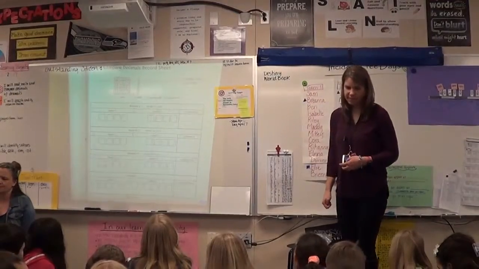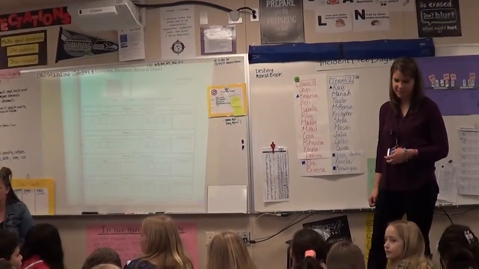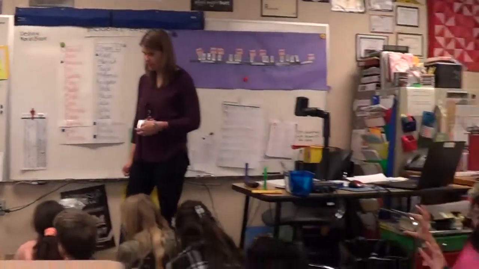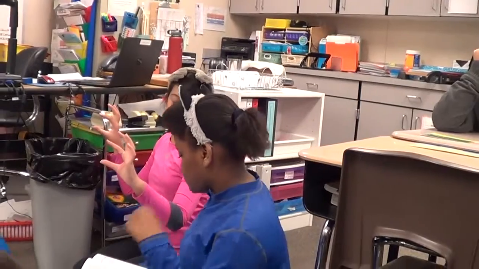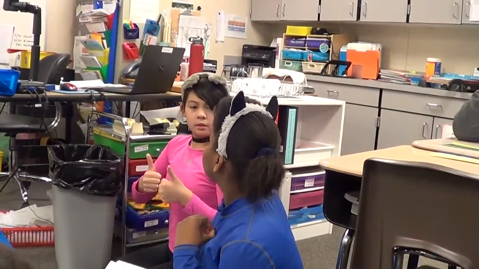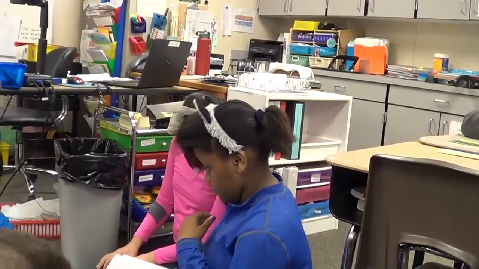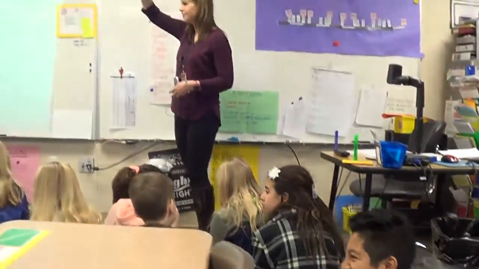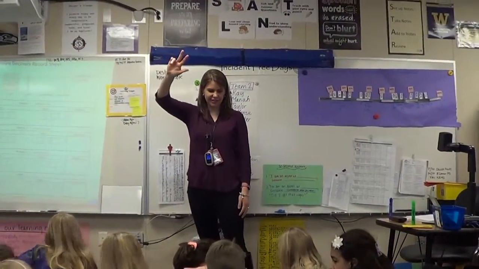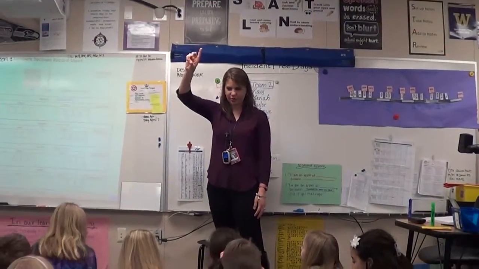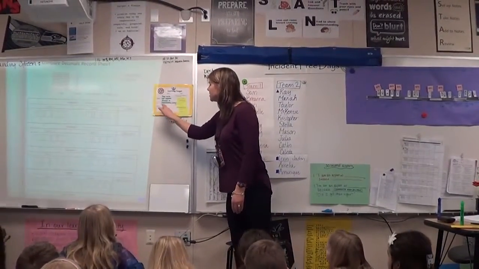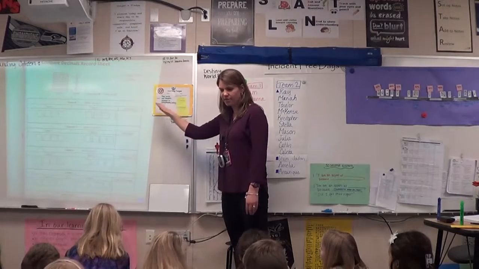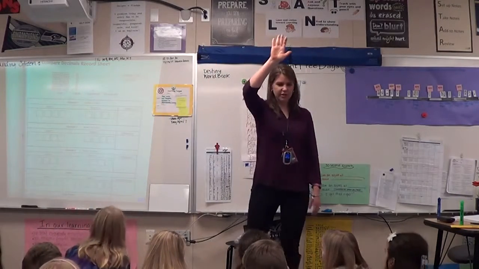Apparently you have to write decimals and compare and subtract. How can we rephrase our learning target in a way to help us remember? What's something you and your partner talked about?